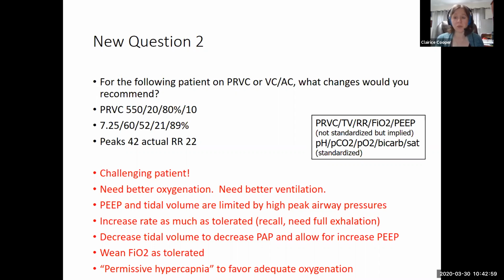In a pressure control mode, you choose what pressure you're willing to tolerate, but then you watch the volumes, and if they're not adequate, sometimes you decide that you'll tolerate a little bit higher of a pressure after all. And so regardless of which mode you utilize, oftentimes you arrive at the same destination, and it's just a matter of how you're thinking about it. Regardless, it requires a lot of frequent reassessment in order to continually optimize the patient.